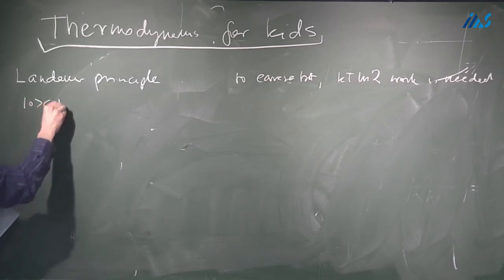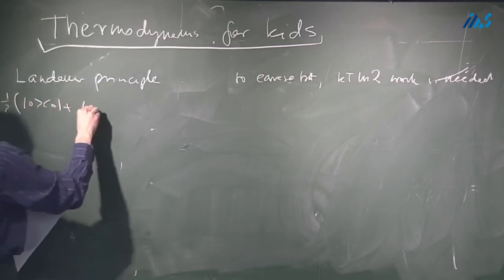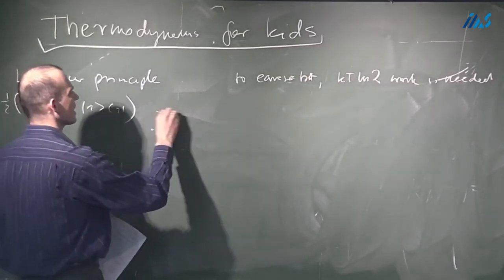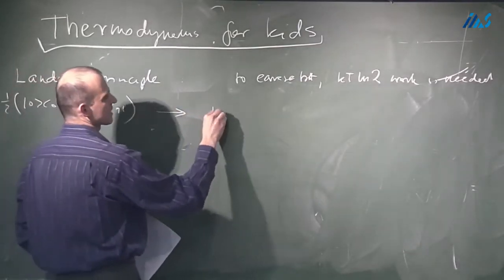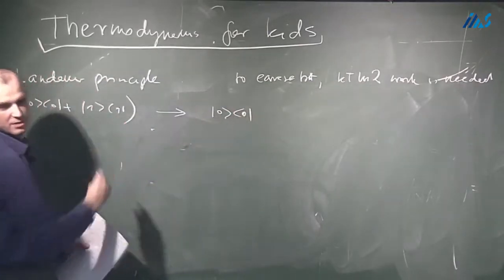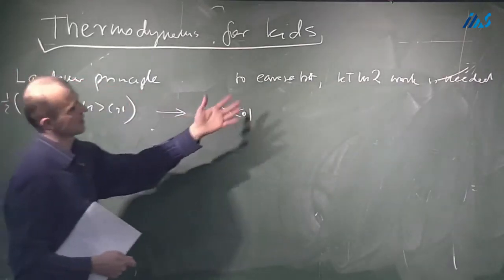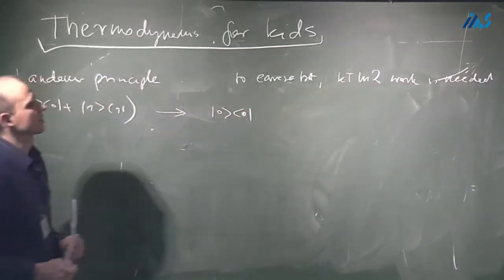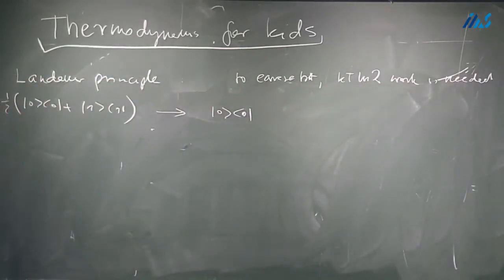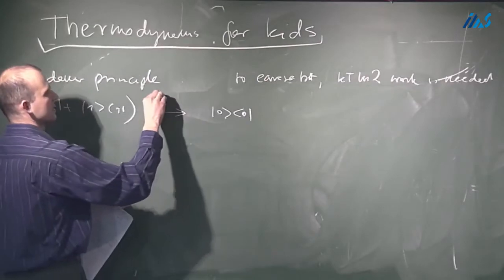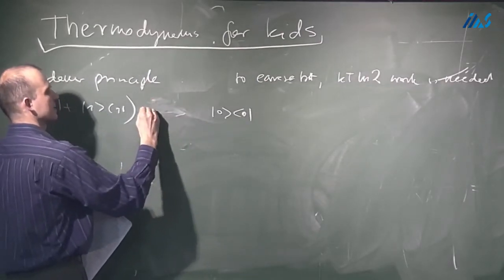So suppose I don't know whether my bit is in the state 0 or 1, and I want to reset it, or make it just 0. To this end, the Landauer principle says you need to spend this much work if you have an ambient heat bath. Plus. So let me write this plus.